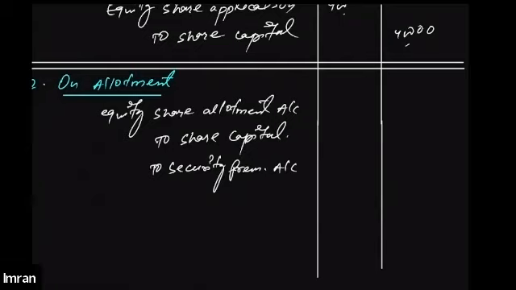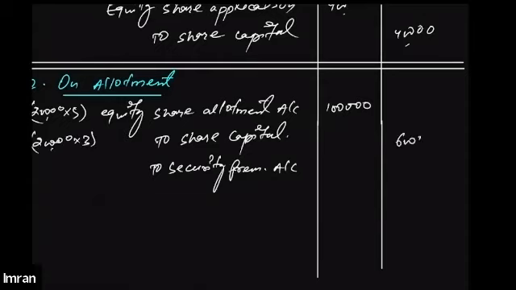So total shares are 20,000 and allotment money is 5. So a total of 1 lakh rupees we will be collecting, and share capital will be credited by 3 per share.